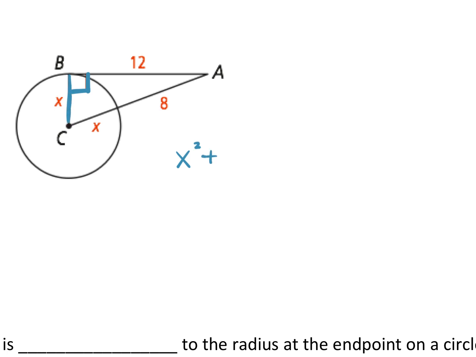So x squared plus 12 squared equals, and here's where it gets tricky, parentheses, x plus 8 squared.